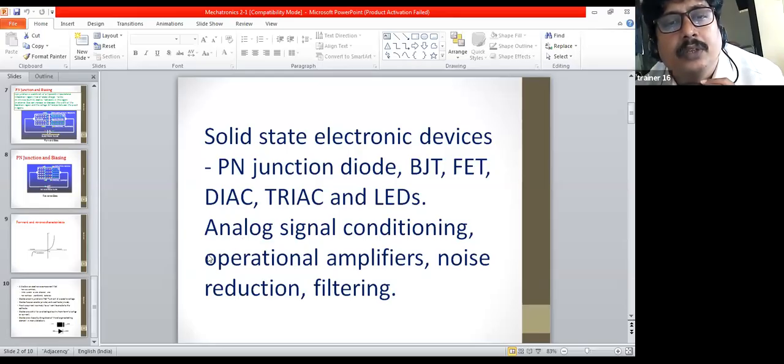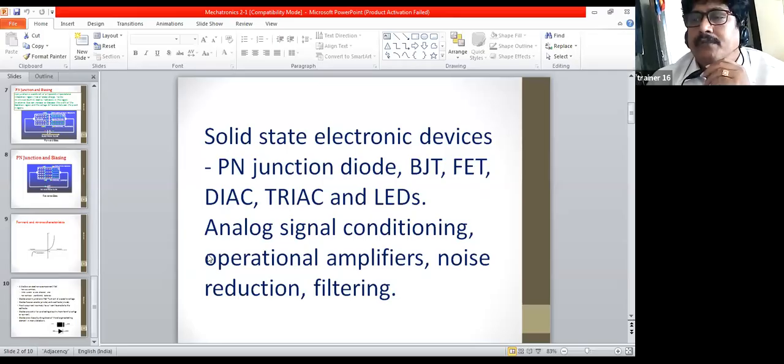So this is not correct. Today at 10:05, only one person came at 10 o'clock sharply, that means he came 2 minutes before. Number 38, Raviteja. All the remaining members came to the class at 10:05.